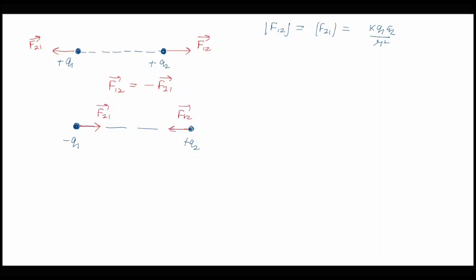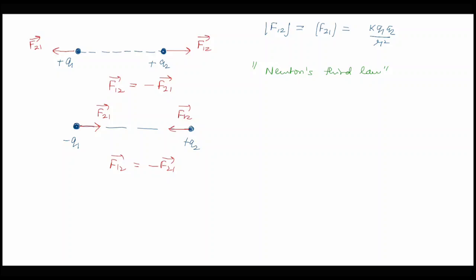Still the equation F12 vector is equal to minus F21 vector holds true. So the two forces have the same magnitude but opposite direction, and Coulomb's law is in accordance with Newton's third law of motion.